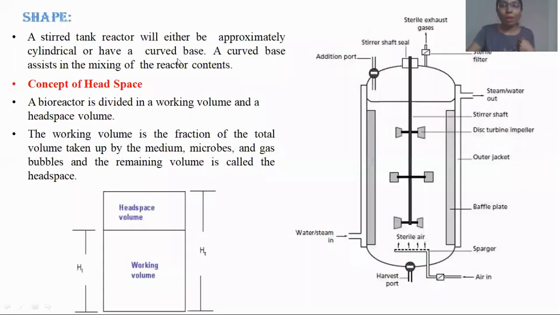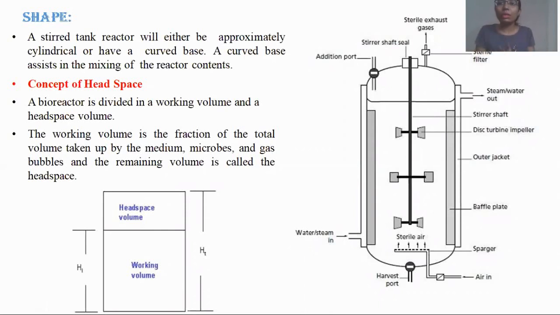Now let's talk about the stirred tank reactor. But before that, let's understand the shape of the bioreactor. Stirred means mixing, the mixing that you do at your home. For example, if you want to make a milkshake, you use a blender for the mixing process.